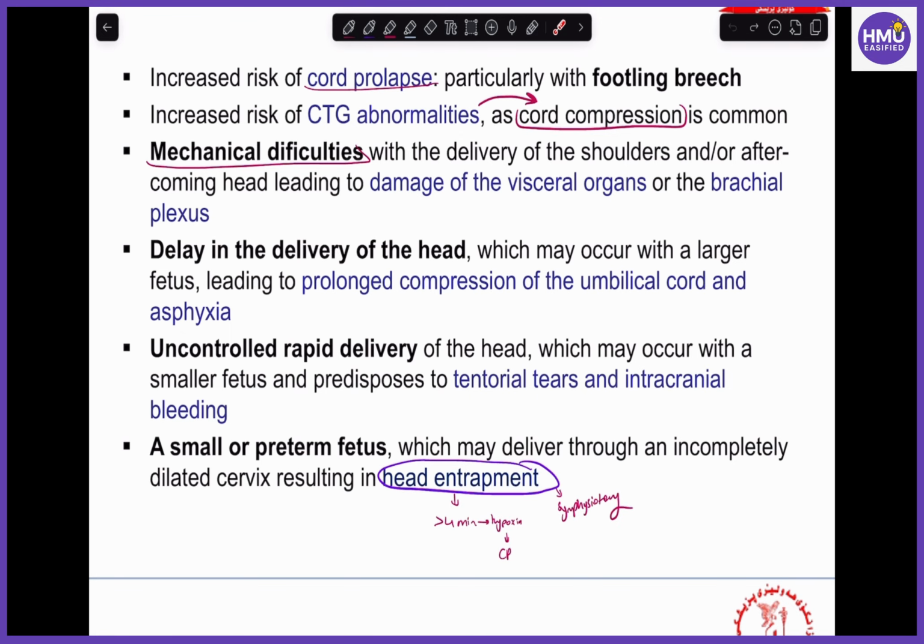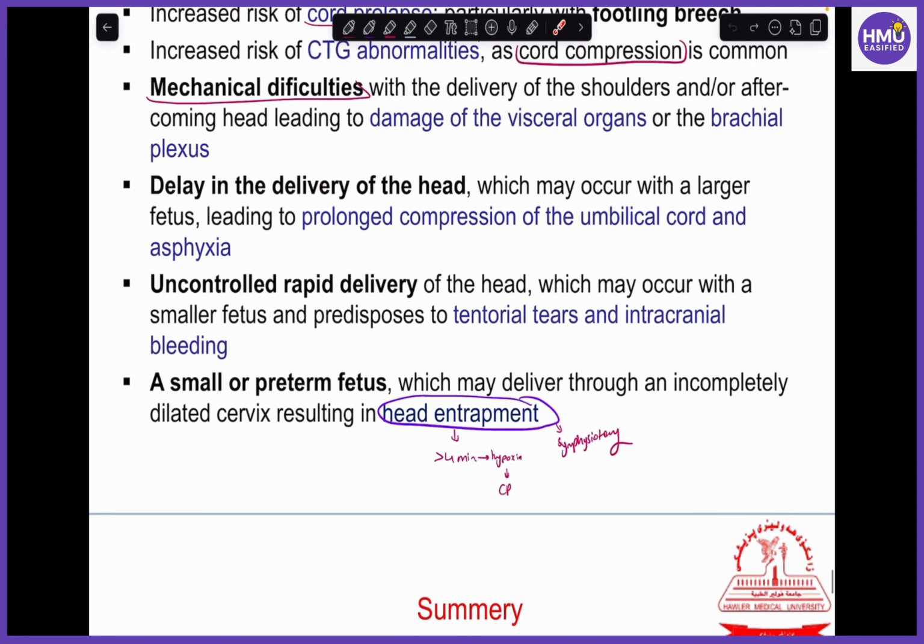There may be delay in the delivery of the head, which may occur with a larger fetus. If the fetus is large, there will be delay in the delivery of the head, leading to prolonged compression of the umbilical cord and hypoxia.